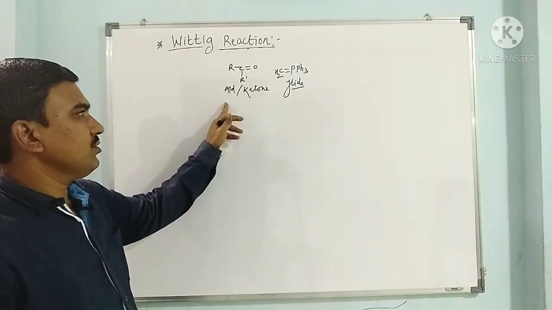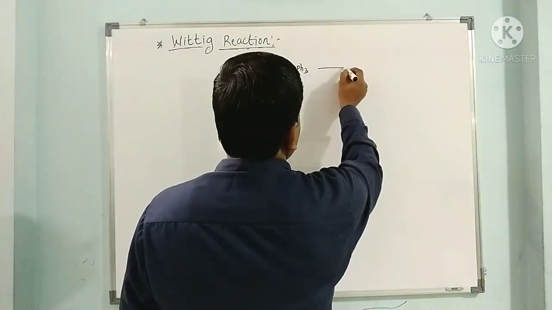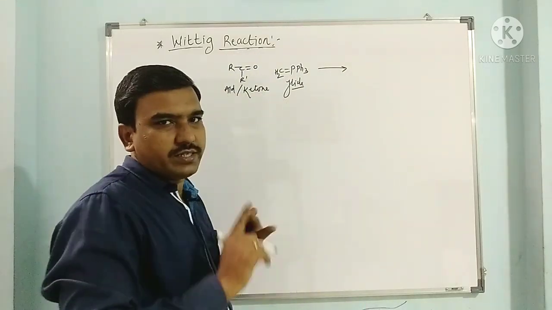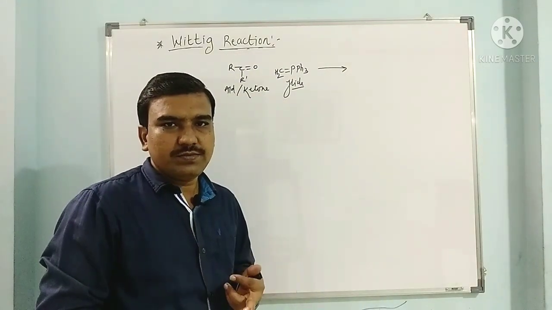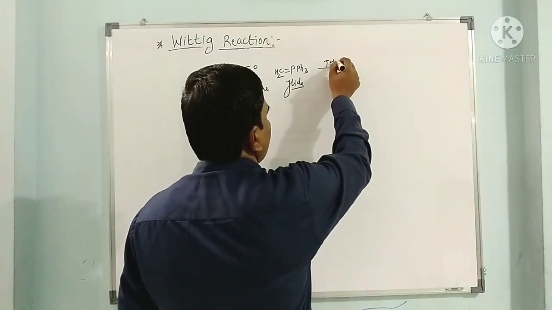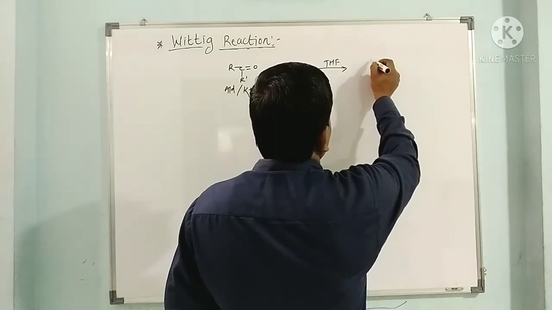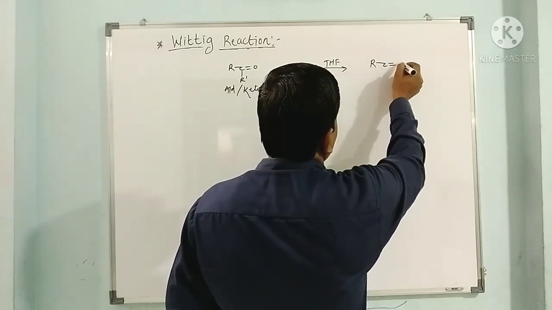When this aldehyde or ketone reacts with the organophosphorus reagent in a solvent such as THF, DMF or DMSO, we get the product R C double bond.